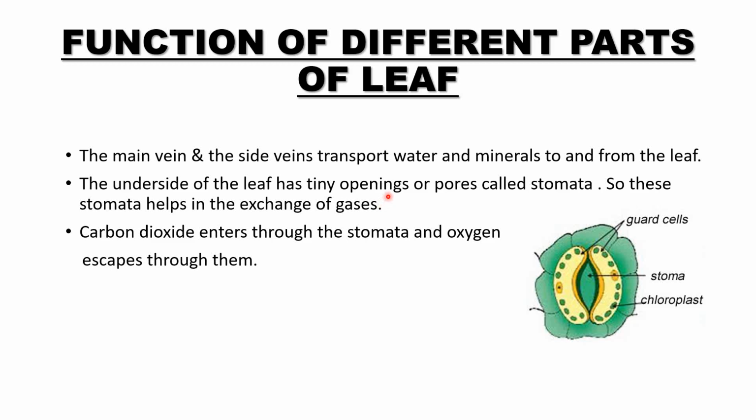These openings are called stomata, which are guarded by guard cells. Can you see these bean-like structures? These two bean-like structures are called guard cells. Actually, they guard, which means they control the opening and closing of the stomata. In the same way, if you are living in a society, you have guards there for what?